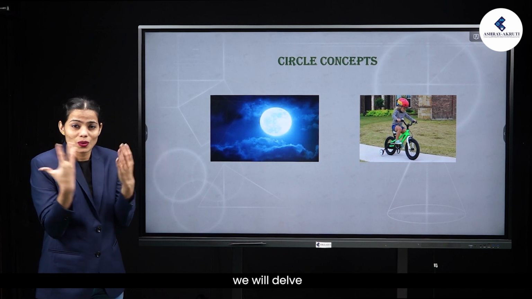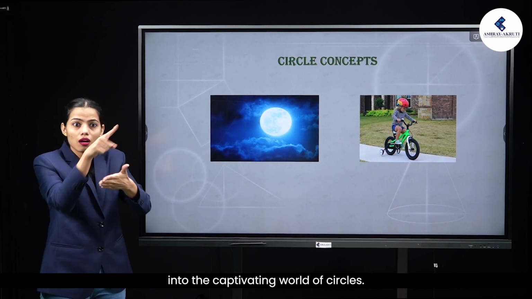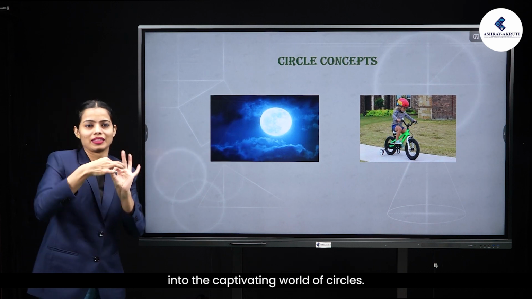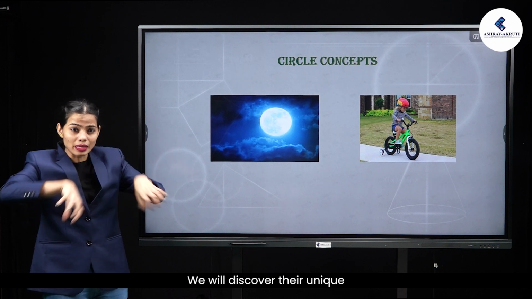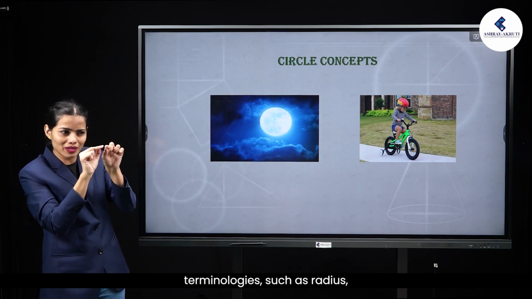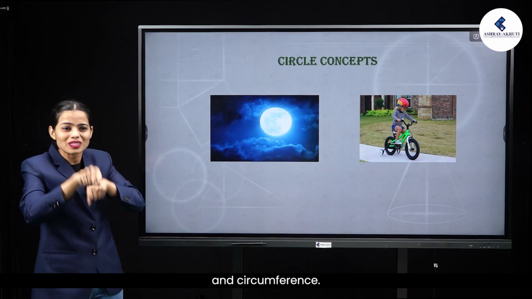In this lesson, we will delve into the captivating world of circles. We will discover their unique terminologies such as radius, diameter, chord, and circumference.